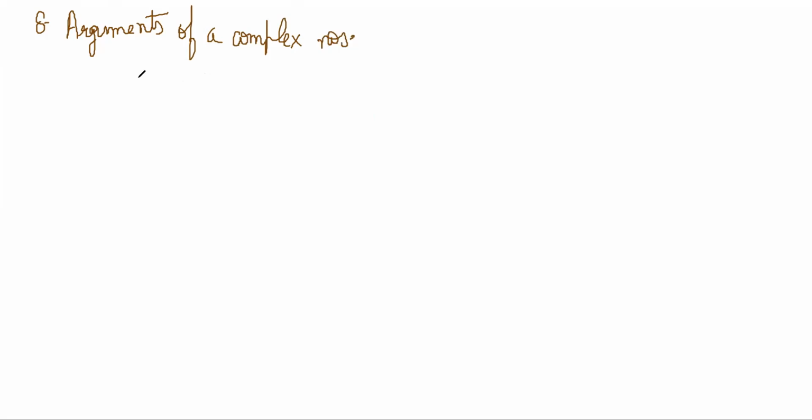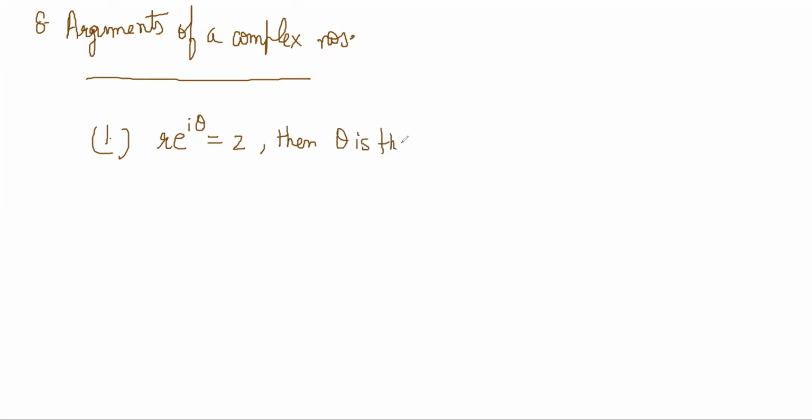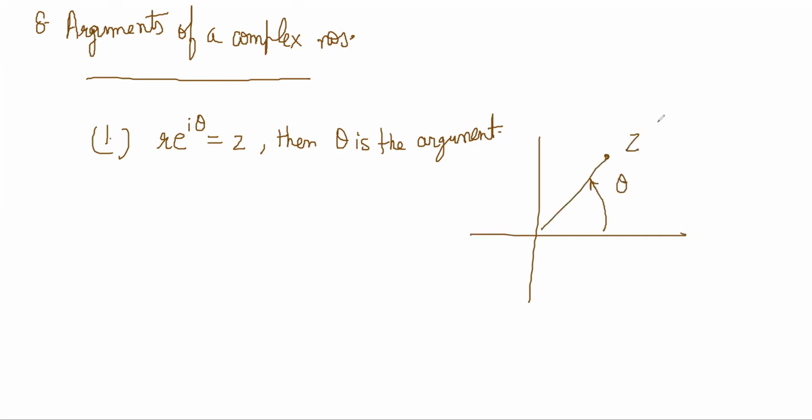So the basic meaning of argument is very simple. If r e to the i theta is equal to z, then theta is the argument. If you go anti-clockwise by theta to reach your point z, then theta is your argument.